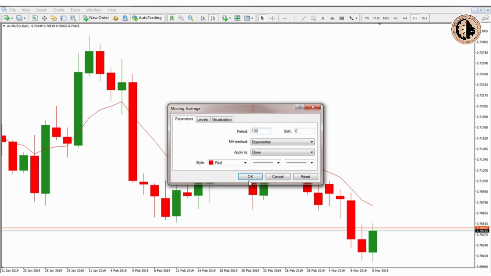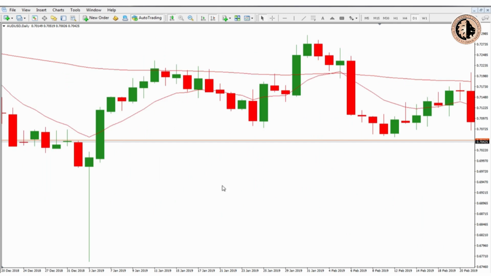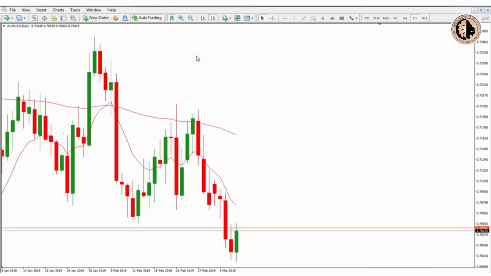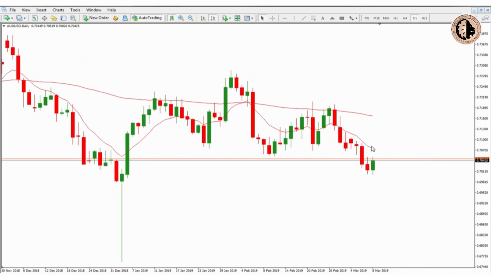If I enter 200, it will take the last 200 candles. As you can see, with 10 candles we have a much more sensitive, or better say, more dynamic line than the moving average 100, which has a much smoother line. This is because it represents the average value for a much longer period.